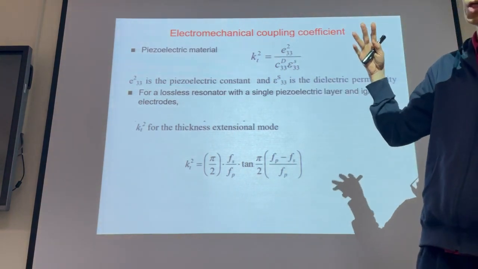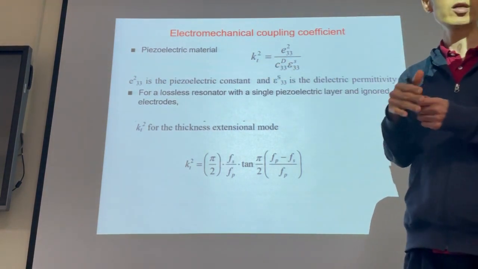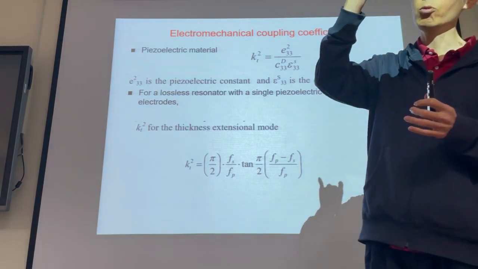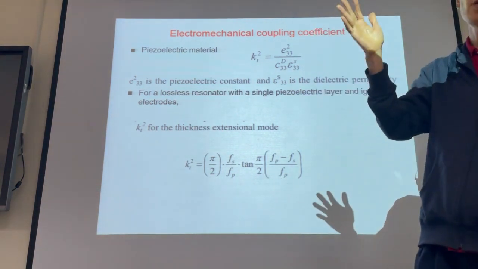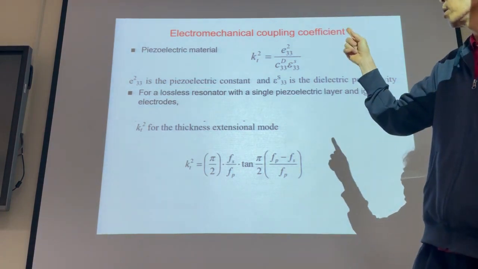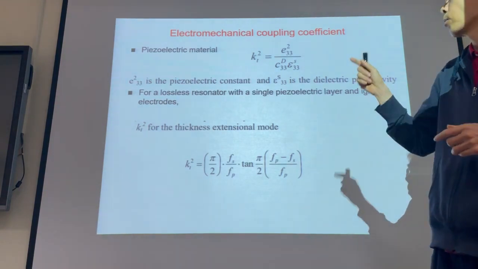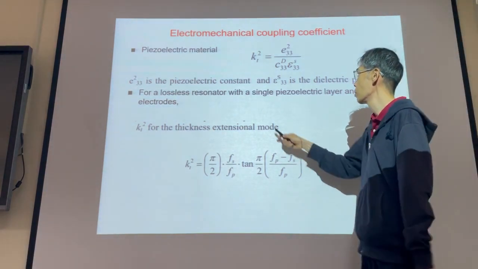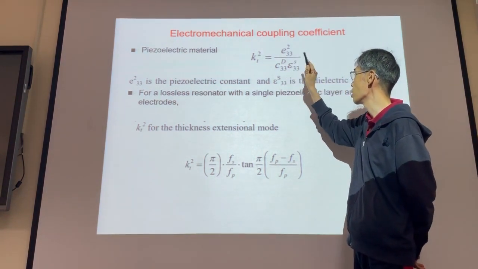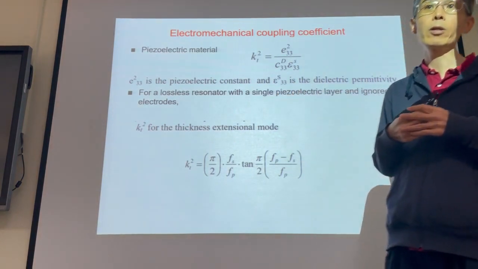Because of some energy loss in the electrical energy, we can have mechanical energy output. So the output mechanical energy divided by the input electrical energy is the electromechanical coupling coefficient. For piezoelectric material, e33, epsilon 33, c33 are all material properties.